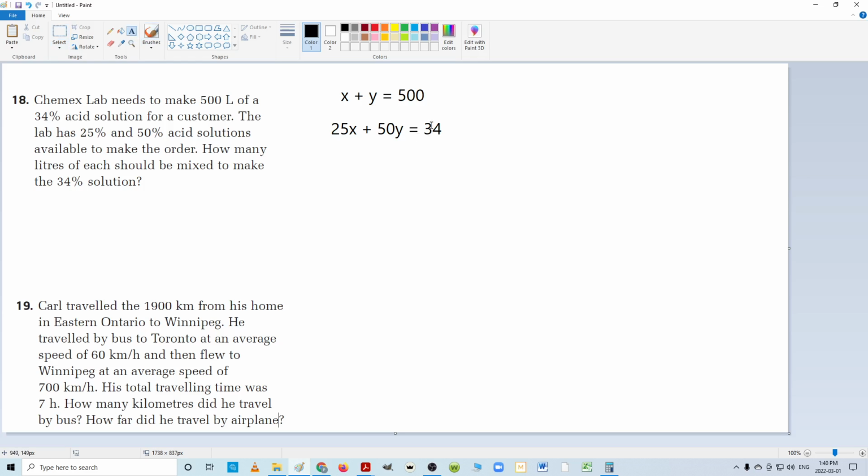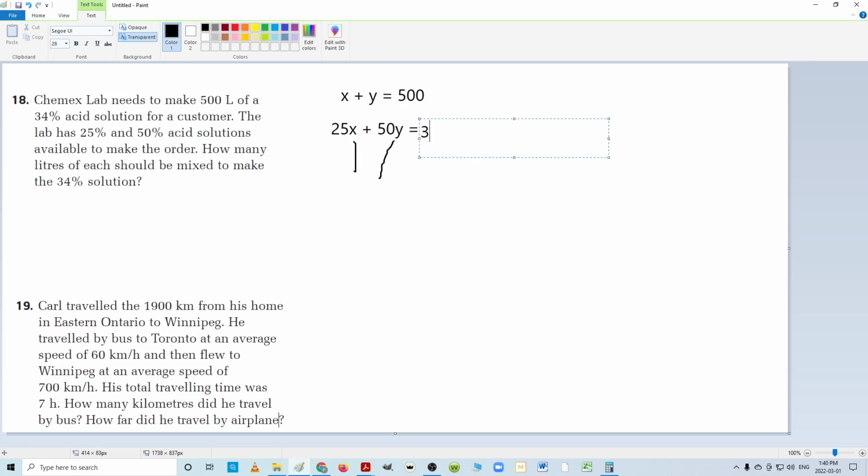Oh, I see. It's got to be 34% of the final amount. So it's how many liters of this plus how many liters of that to make 34 over 100 of a 500 liter thing. I think that's what's missing here.